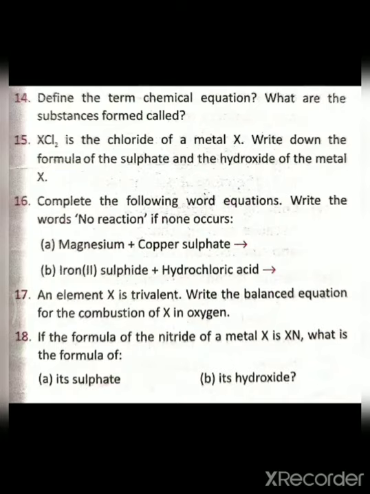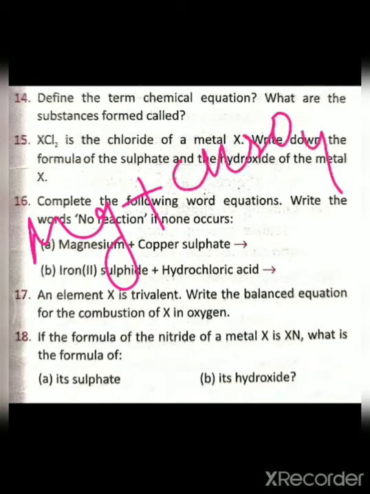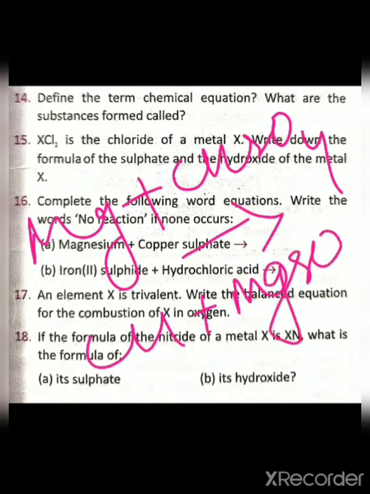Complete the following word equations. Write the words no reaction if none occurs. So first we will write the reactant side, that is magnesium plus copper sulfate. So Mg plus CuSO4, your copper sulfate. So what will we get? We will get copper plus magnesium sulfate, that is MgSO4.